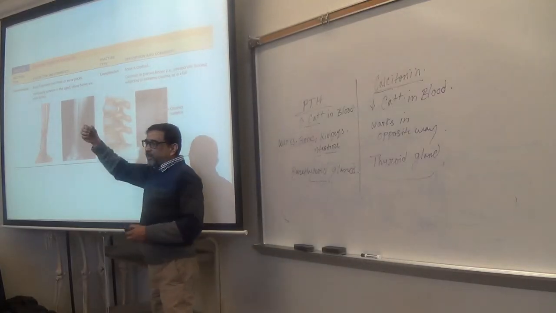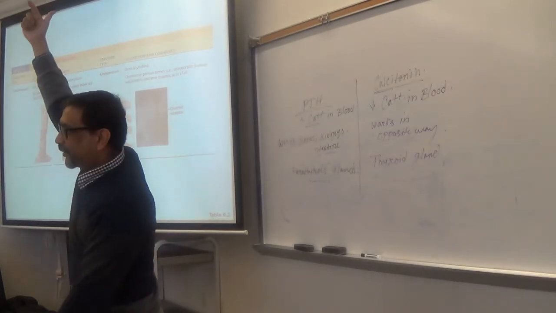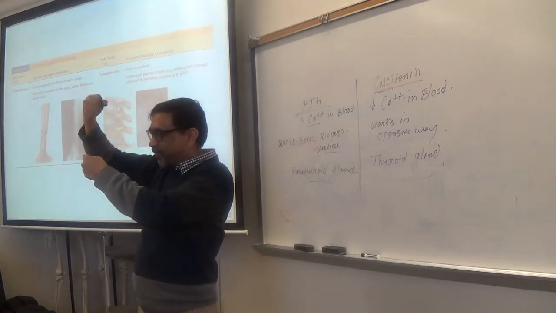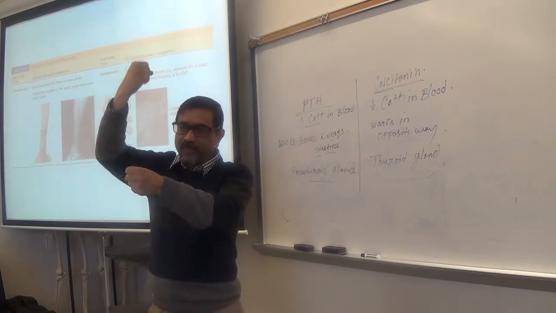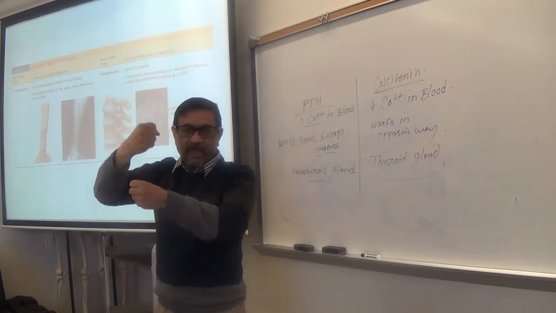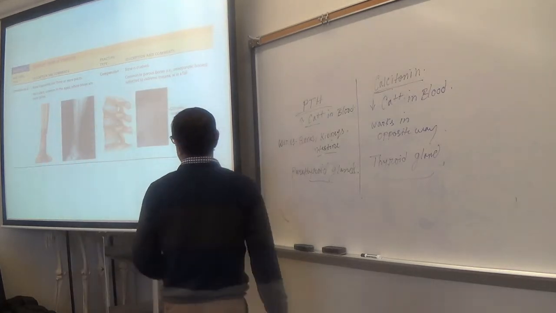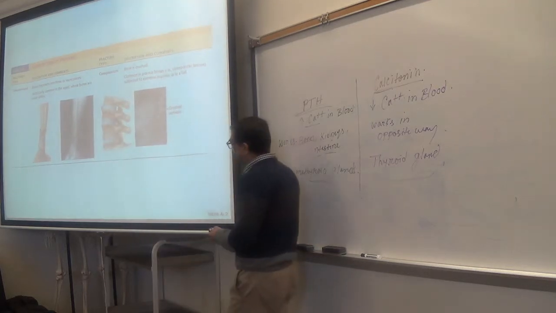If the fracture occurs due to vertical pressure like this, if you jump from a height, what happens? Your vertebral column takes the pressure. So that will crush the vertebrae, this kind of vertical pressure. That is called a compression fracture, you see here.